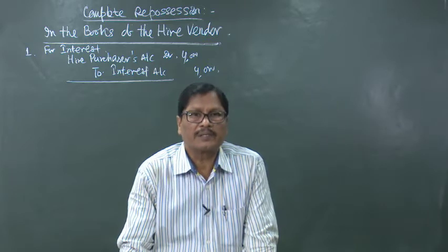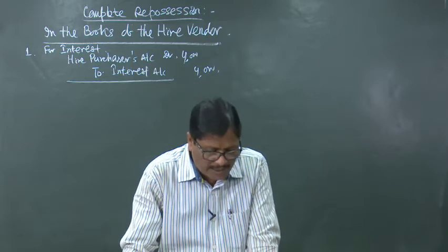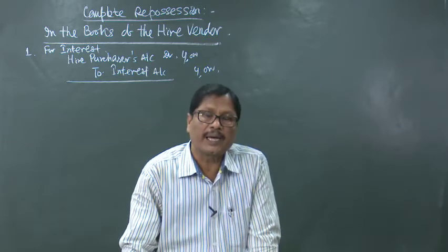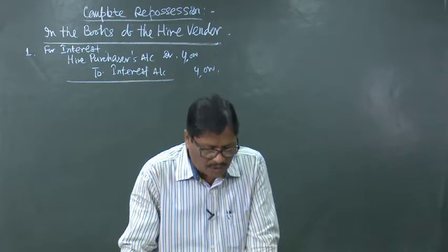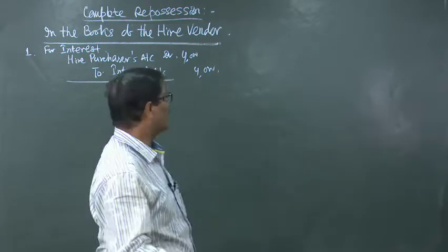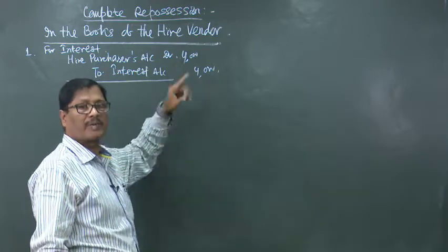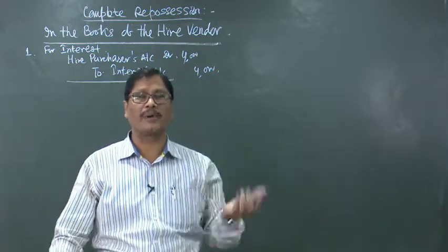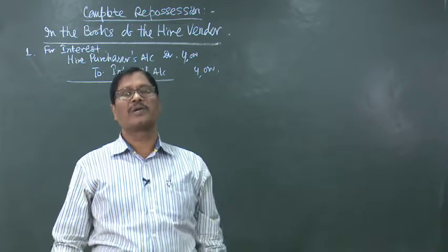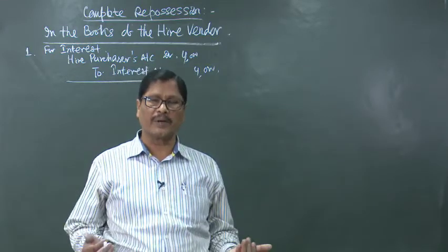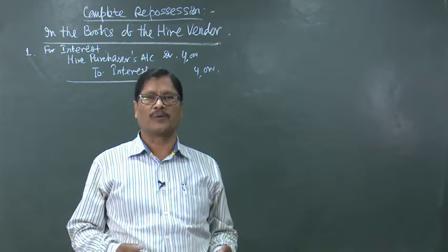Now he will not give us, he has defaulted. So let us close his account. Whatever balance was there, his account will be closed. His balance was 80,000. Now here for interest another 4,000. In this way his balance is showing a debit balance of 84,000.